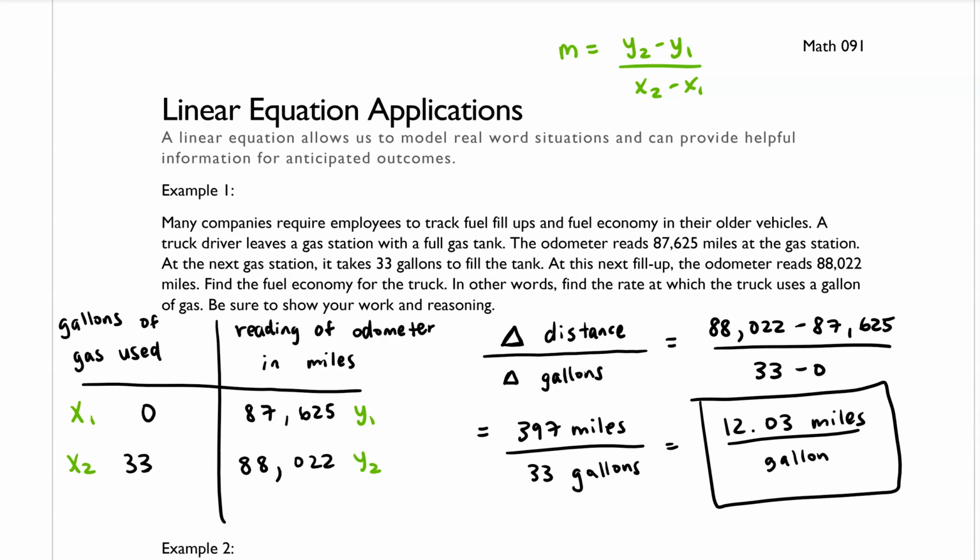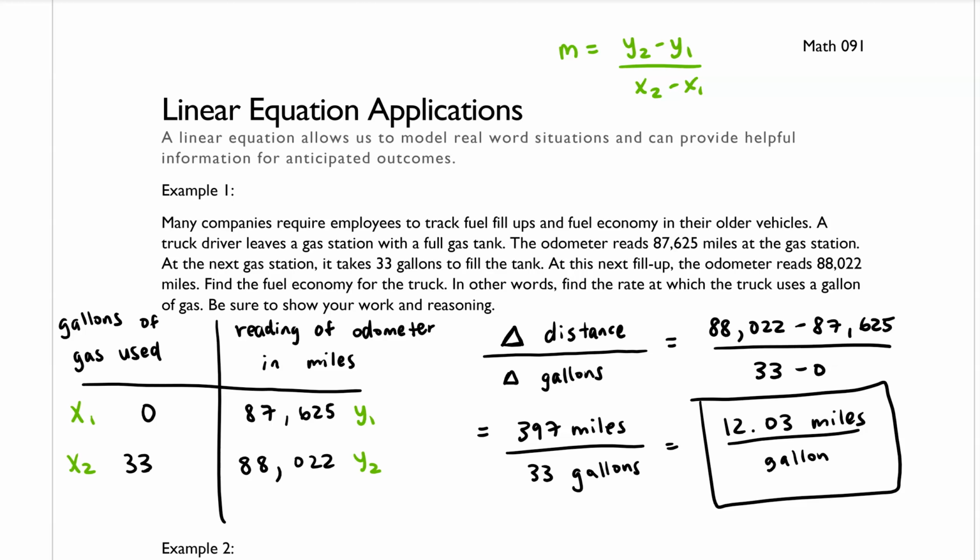If it's any point of reference, my old 2004 Toyota Corolla gets about 30 miles per gallon of gas. So the fuel efficiency on this truck is not that great in comparison to my car, but that is often the case with trucks.